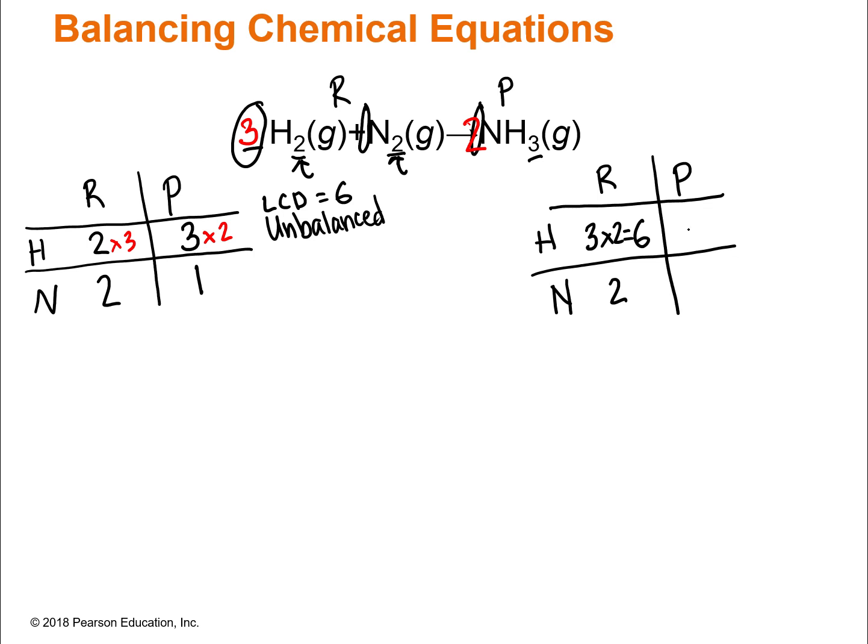On the product side, we're taking that multiplier, that coefficient out in front, and multiplying that by the subscript to get 6 hydrogens. And we're doing the same thing for the nitrogen. We've got 2, and we don't see a subscript there, so it's an implied 1. Now we've got 6 hydrogens and 2 nitrogens on each side. Now we're balanced.